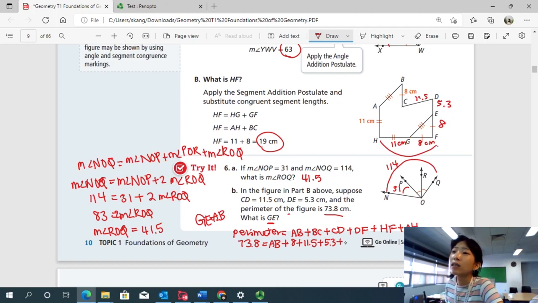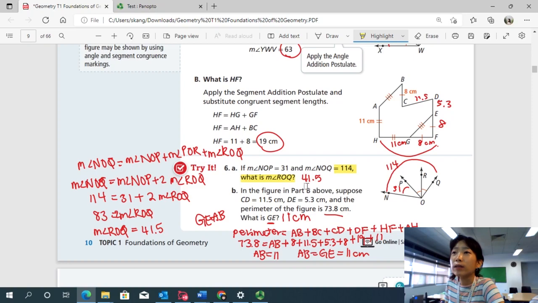And BC, so 8, plus HF, which is 19, plus AH, which is 11. And then we just have to subtract everything here from 73.8 to get AB. And if you do that, AB will be 11 centimeters. So AB is equal to GE, so GE is 11 centimeters. And the answer is 11 centimeters.